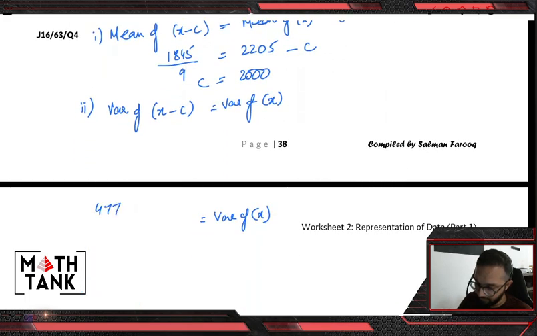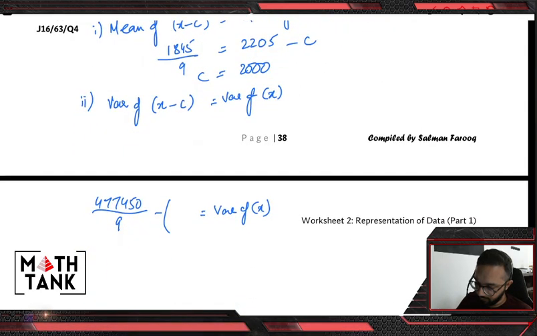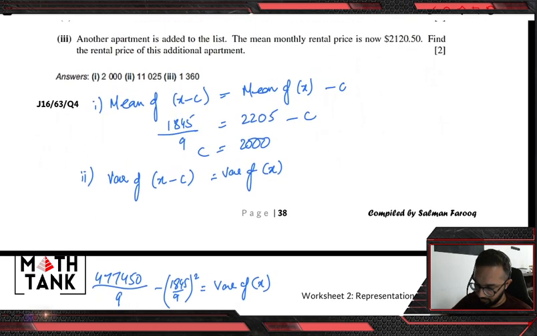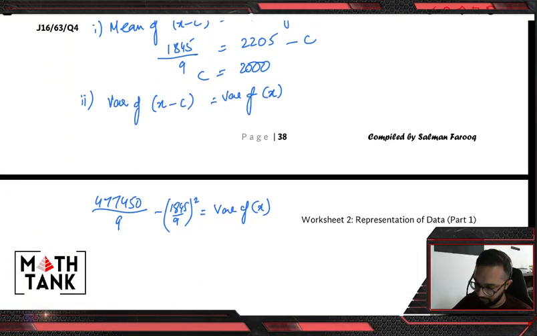So 477450 divided by 9 minus 1845 divided by 9 whole square. That's variance, yes.